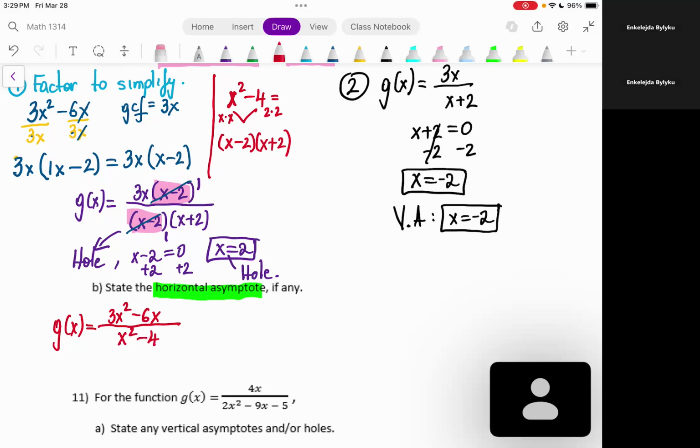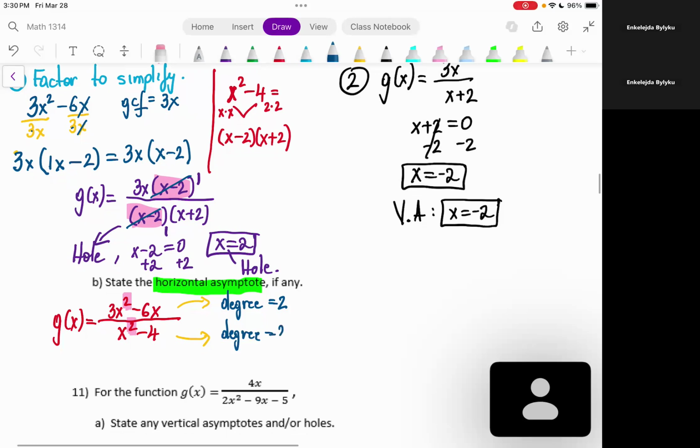Okay? Let's together evaluate the degree. The degree is the highest exponent of the variable. Well, on the top, the highest exponent is 2. So the degree is equal to 2. Let's look at the denominator. The highest degree available for the denominator is also 2.